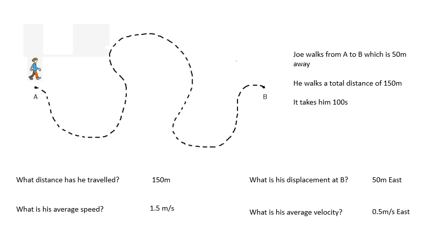So that will be 50 divided by 100, which will be 0.5 meters per second east. Again, notice displacement and velocity are vectors. They have direction. Okay, distance and speed are scalars. Direction doesn't matter.